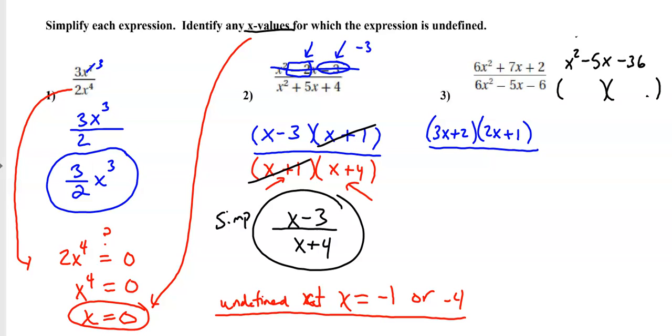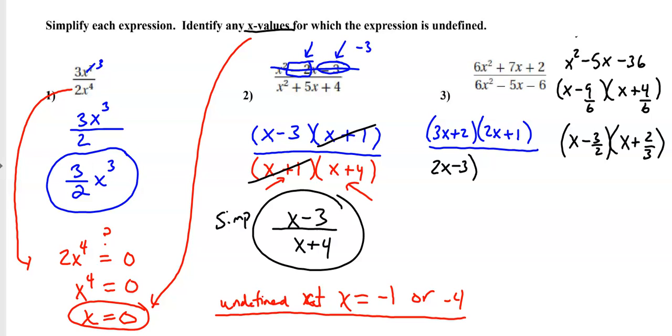So that looks like negative 9, positive 4. And I have to divide by that 6. So I get x minus 3/2, and I get x plus 2/3 when I reduce. Bringing the bottom up, that'll give me 2x minus 3, and then 3x plus 2.